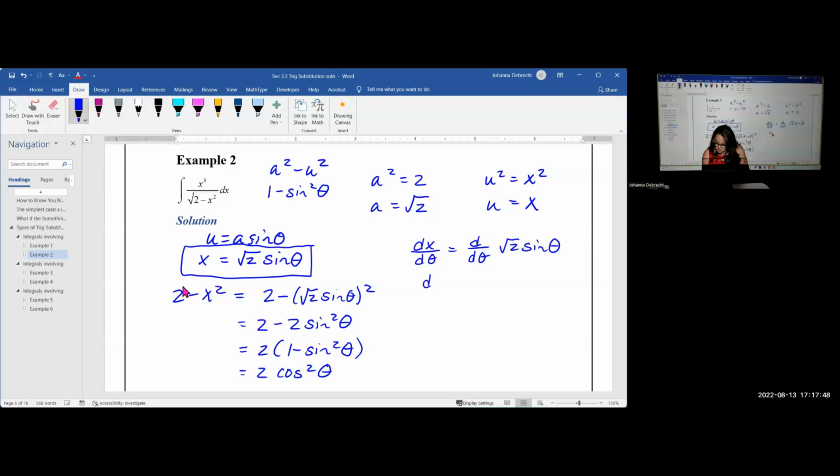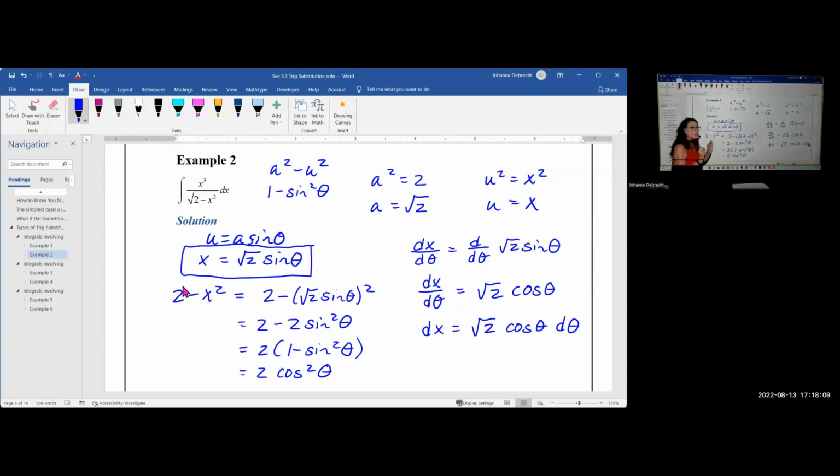Now, this gives me dx d theta on the left, and on the right, I have the square root of 2 as a constant factor, and the derivative of sine theta is cosine theta. Abuse the notation, swing the differential d theta around to the right, and I have something to replace the dx.